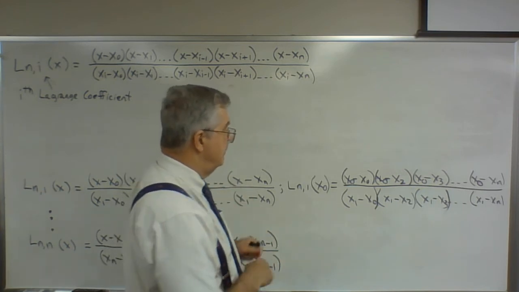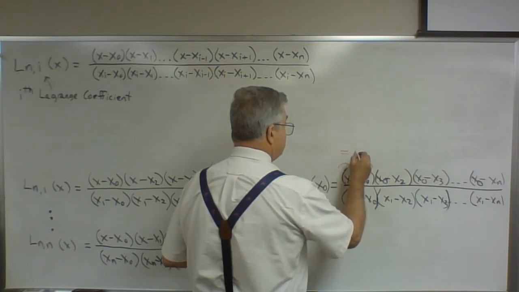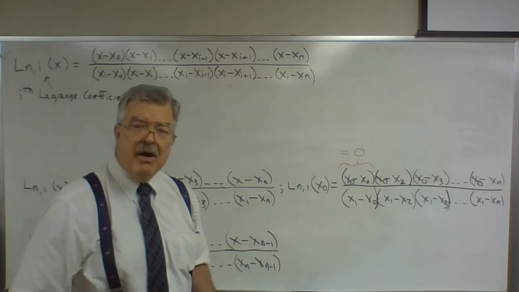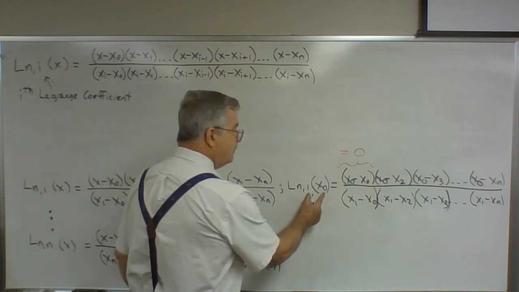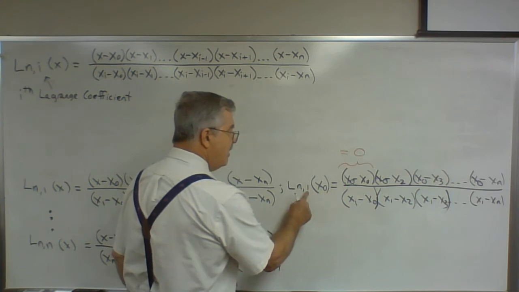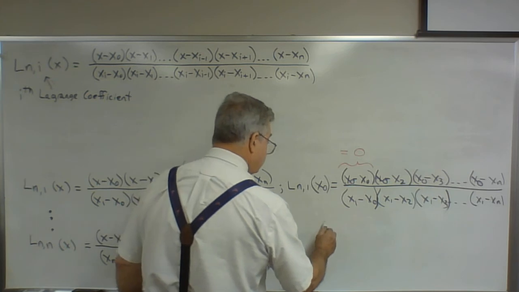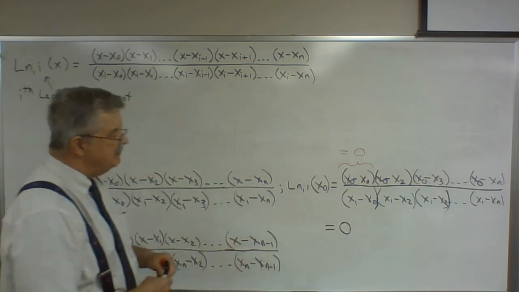Sure enough, the very first factor up top equals 0. So if I plug in the x-coordinate of a data point other than the first data point here, son of a gun, I get 0.